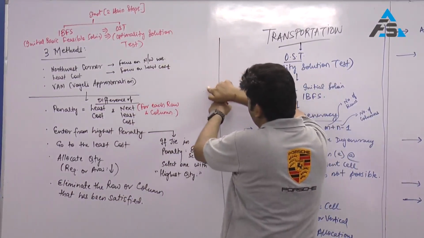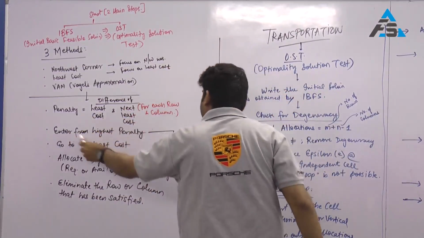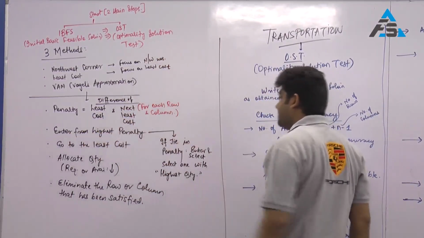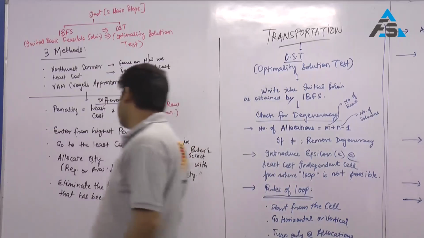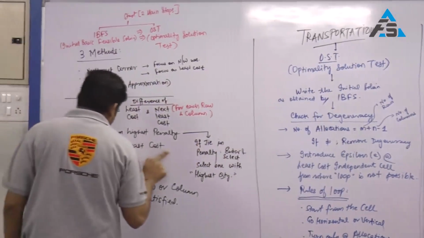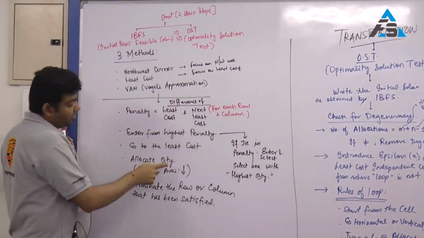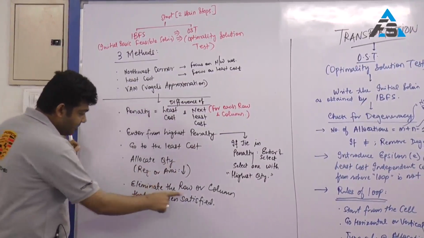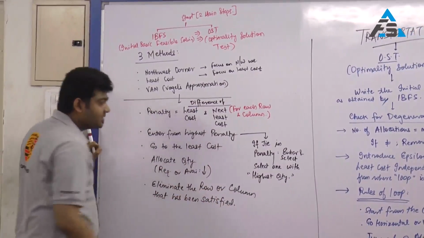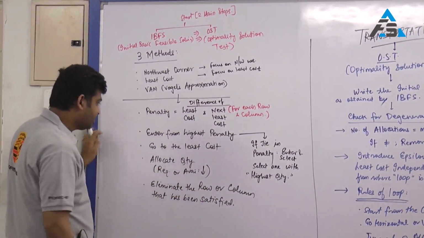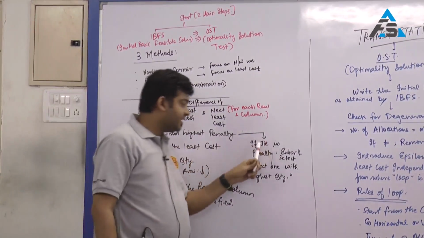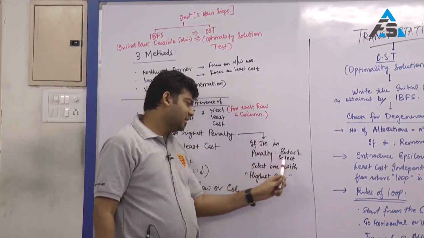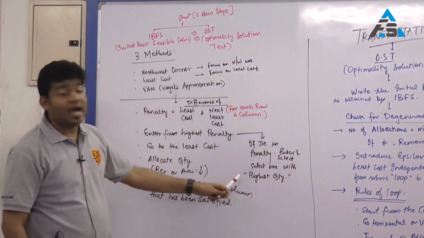From this row and column together, enter from the highest penalty. Whichever is the highest penalty, enter from that highest penalty, go to the least cost and then allocate quantity based on requirement or availability, whichever is lower. Eliminate the row or column that has been satisfied, which becomes 0. If there is a tie in the penalty, enter and select the one with highest quantity.